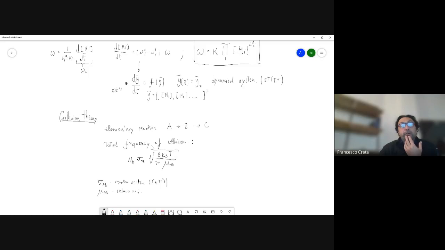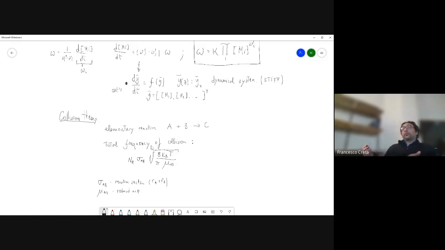Clearly, it will be inversely proportional to the mass, in the sense that the heavier these molecules, the slower they will be for a given temperature, okay? Because clearly we're talking about kinetic energy, so the mass plays a role in the kinetic energy.